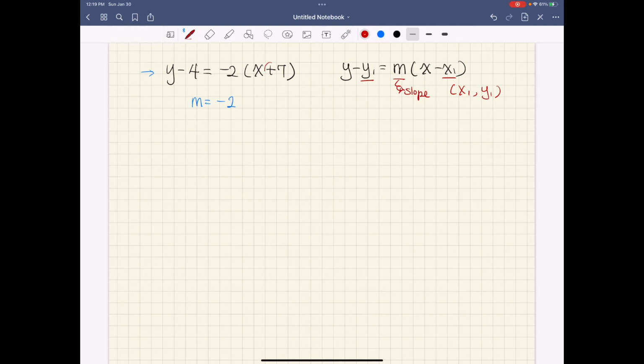This one is a plus, so it's better for you to rewrite as a subtraction form. Then it will be y minus 4 is equal to negative 2 times x minus negative 7. It's better for you to find a point this way. And then the point should be negative 7 and 4.